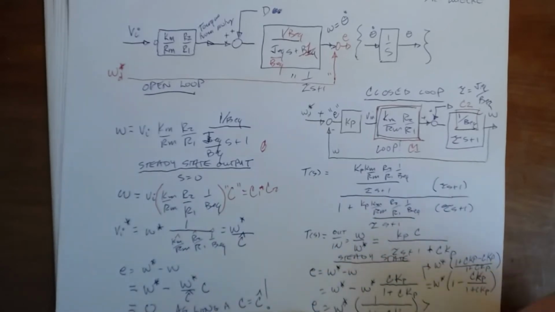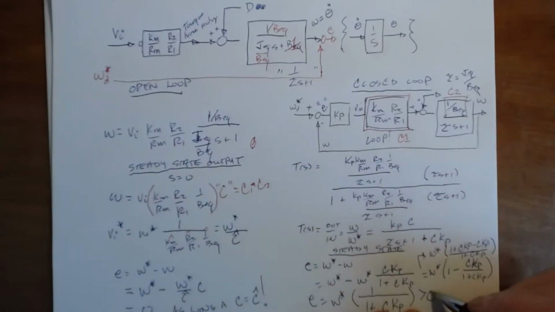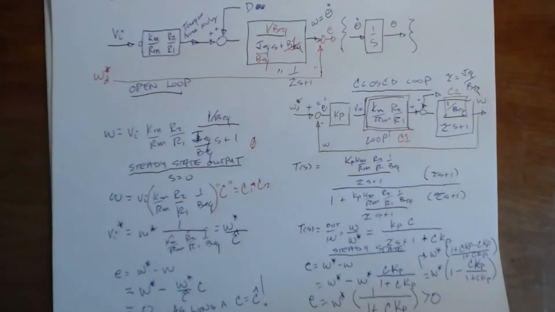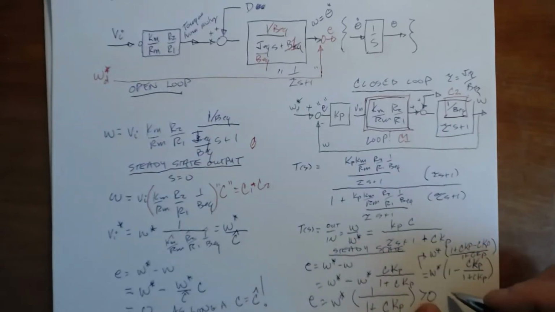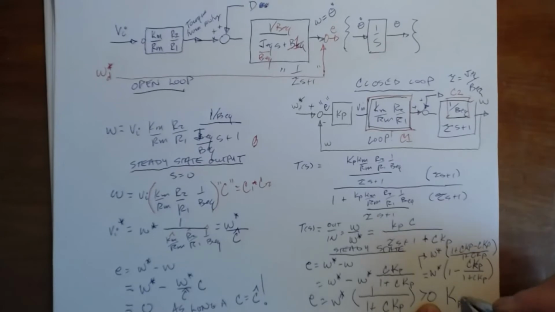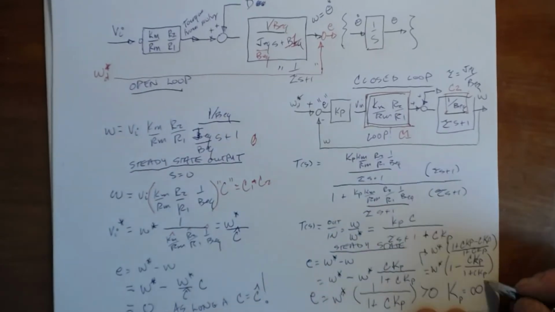This is greater than 0. You might say, hey, wait a minute. This one's got a 0 error, and this one's greater than 0 for all values of KP, right? Except one value of KP. When KP is really, really big, then the error goes to 0.